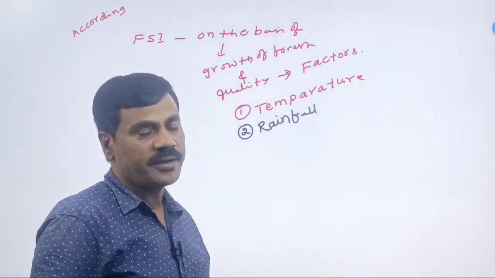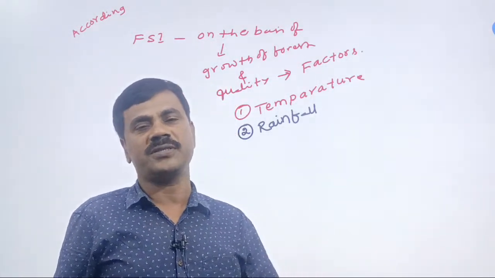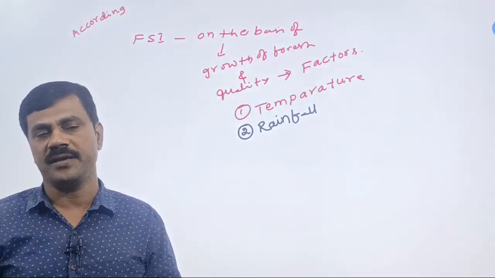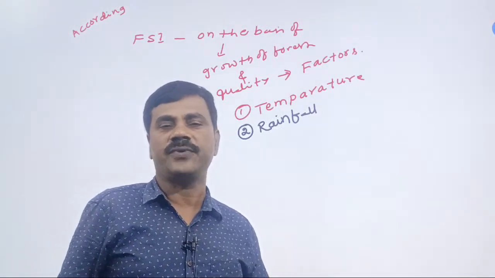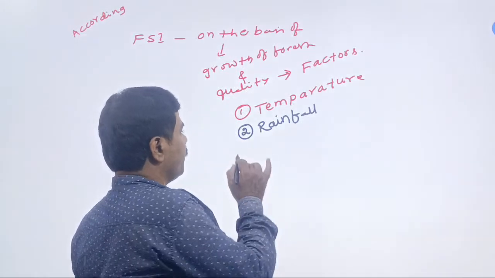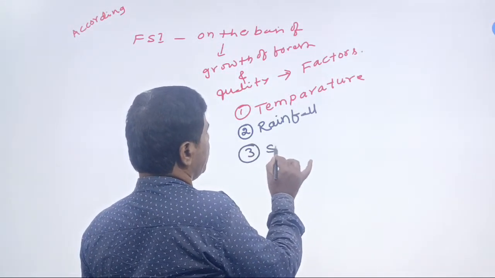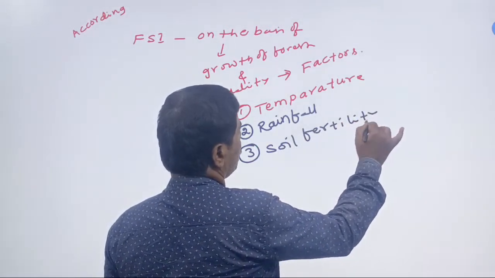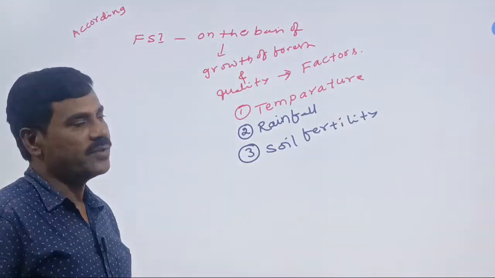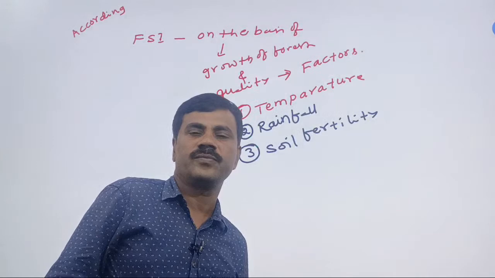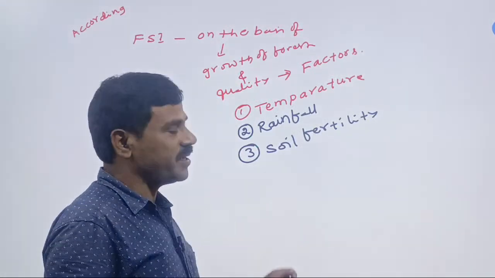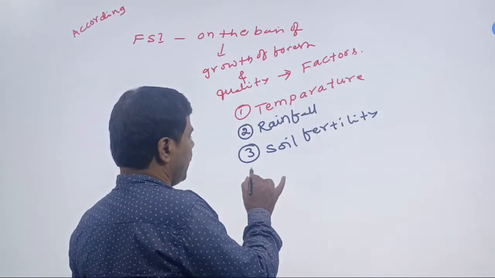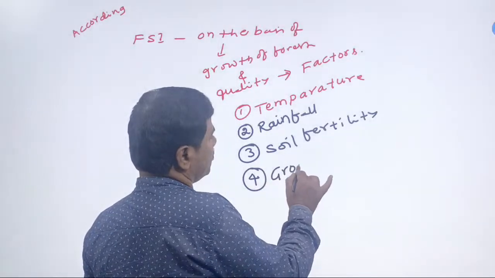So in India, forest area is uneven. Some areas have maximum forest area, and some regions have non-dense forest areas. Soil fertility also decides forest growth; fertility is very essential for forest growth, and groundwater is also required.